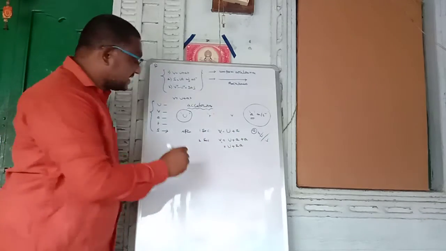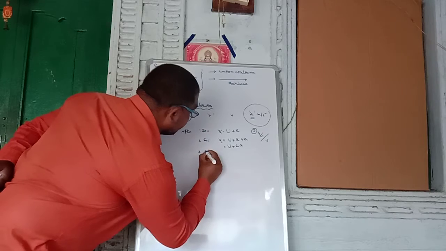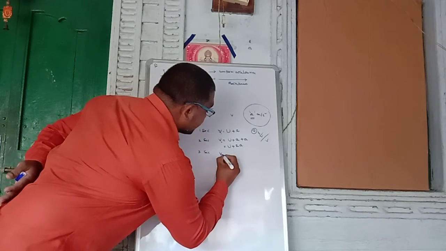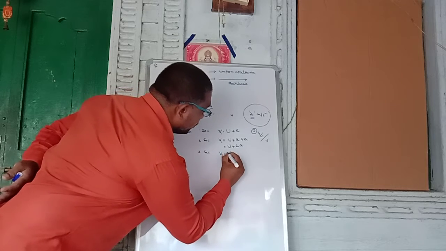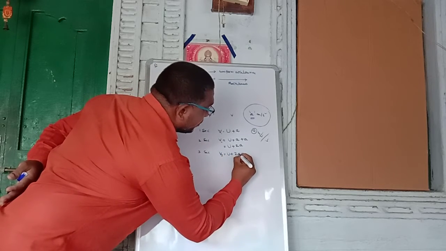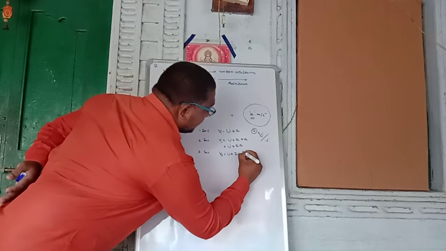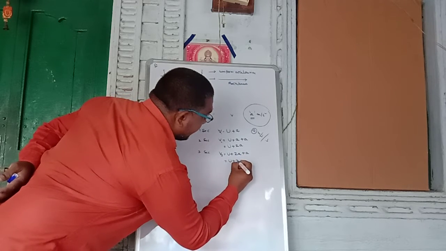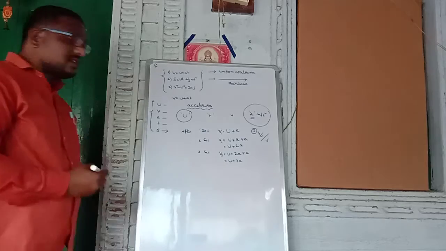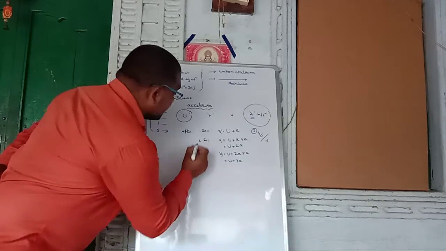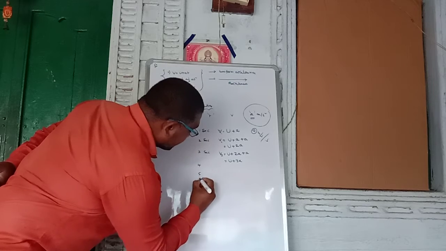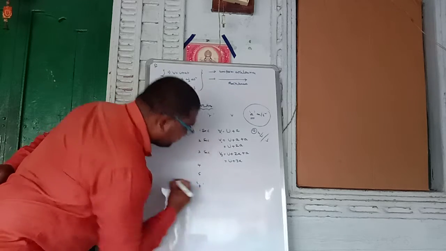Like this, after 3 seconds, the final velocity of the body V3 is equal to U plus, already 2A increased, now again another A increases, so U plus 3A. Like this, 1 second, 2 seconds, 3 seconds, 4 seconds, 5 seconds, like this T seconds.